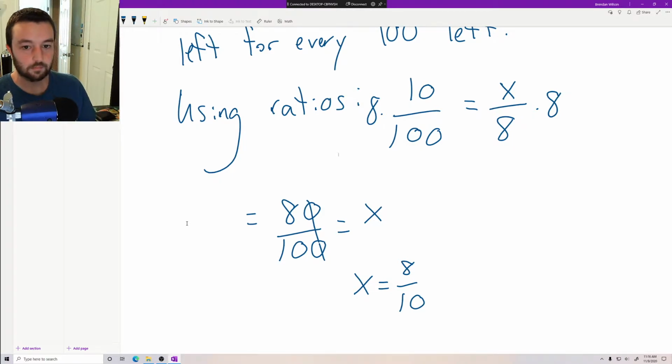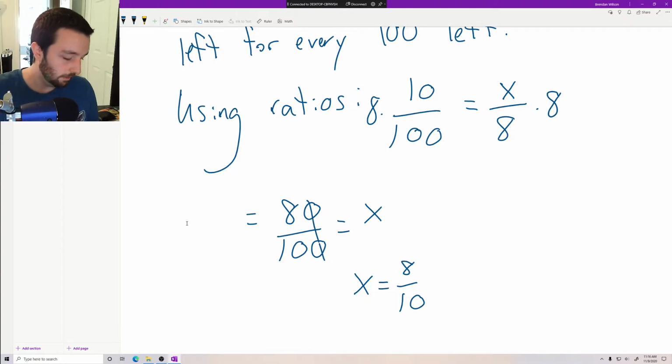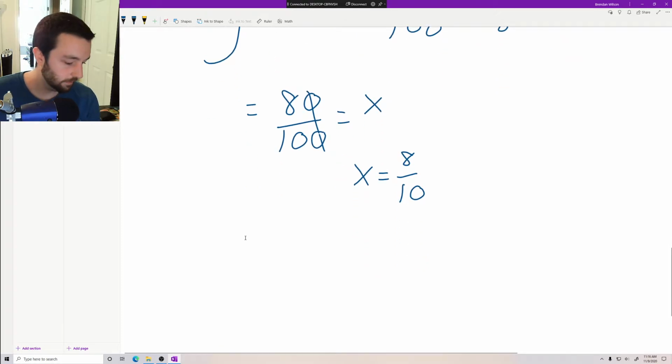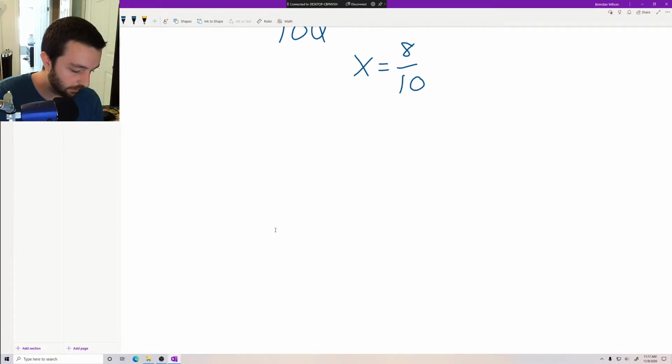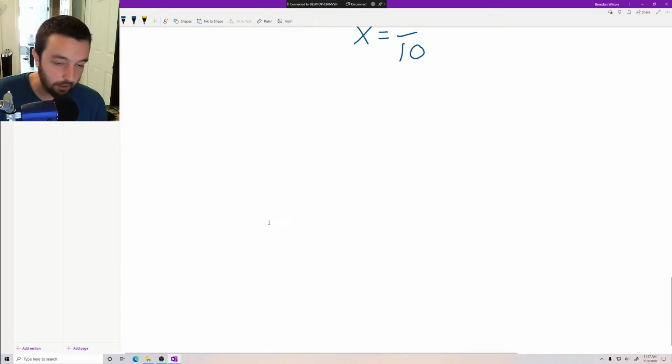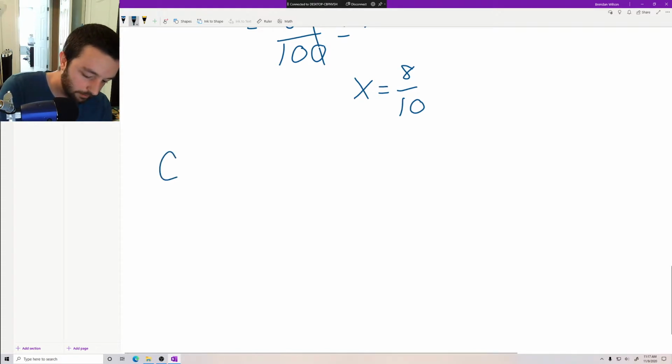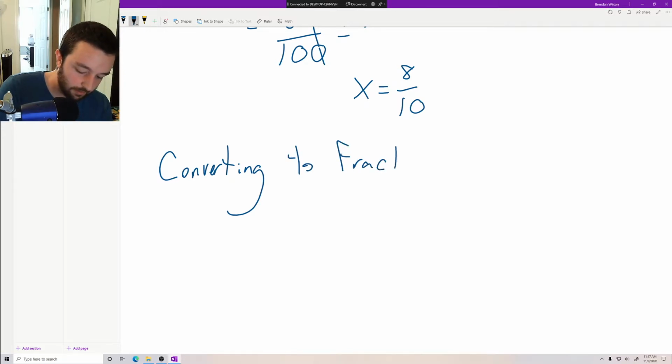So let's talk first about converting percents to fractions and decimals.